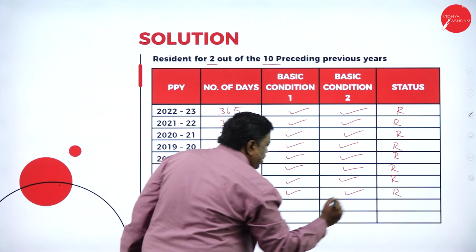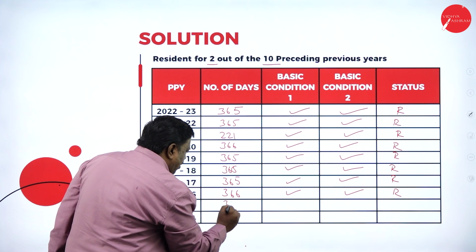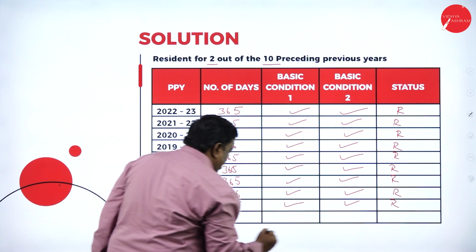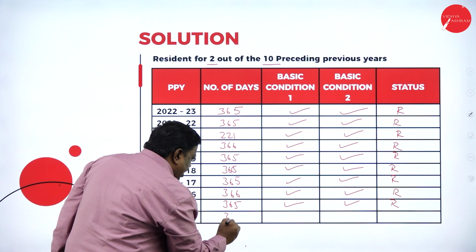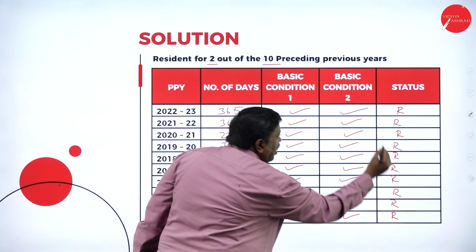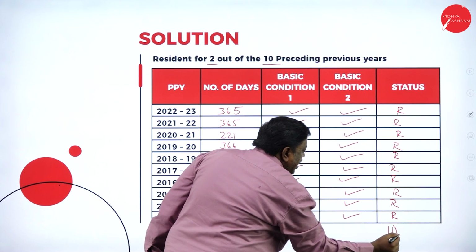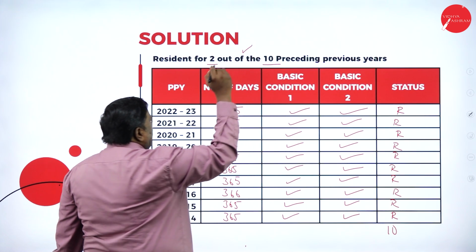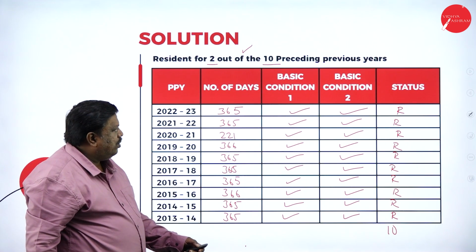Satisfied, resident. 365, satisfied, resident. 13-14, 365 days. Satisfied, resident. So I'm resident for 10 years. What is the condition? I should be for 2 years. So I've satisfied my second additional condition also.